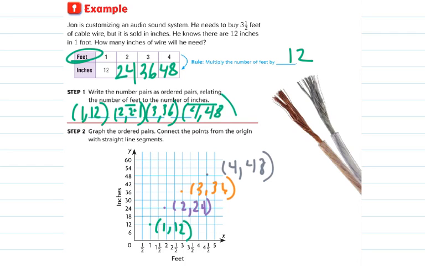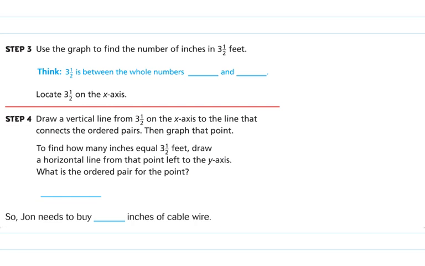So now what we're going to do is connect straight line segments from the origin, which was at 0, 0, to form a line.